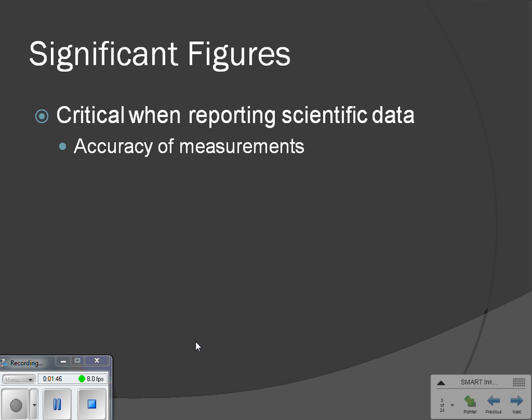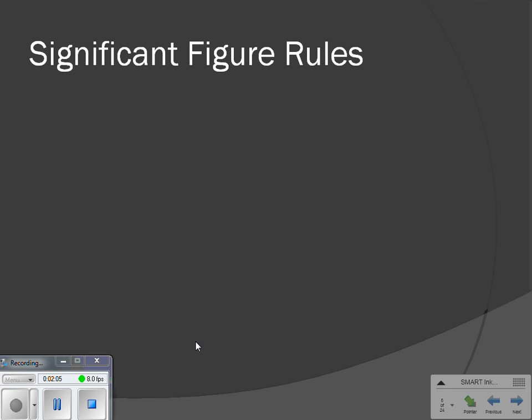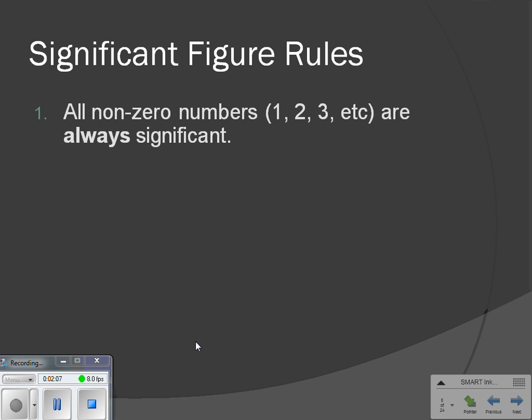So when we look at numbers, specifically when we're in a lab and we are measuring and gathering data, we have to be very careful to make sure that we are reporting accurate information. So there are some rules that we have to follow.